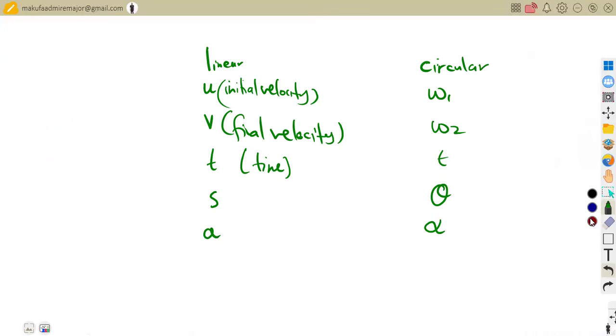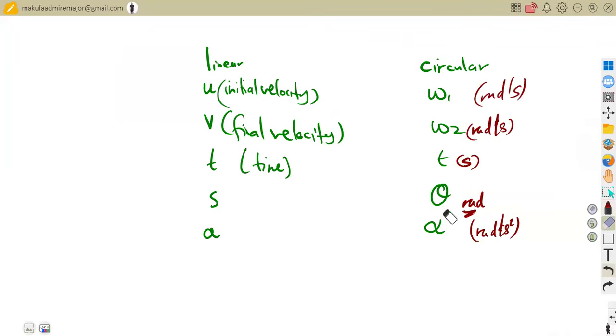We talked about all the units: rad per square second for angular acceleration, radians for theta, time in seconds, and omega measured in rad per second. So I just want you to go through the angular motion of your N4 so that you'll be able to have a recap. I'm not going to talk much on this part.